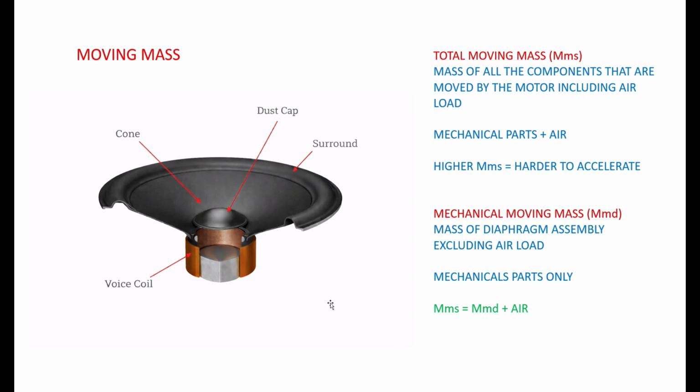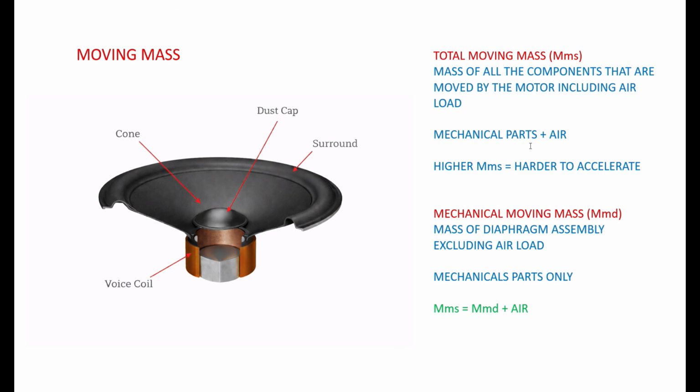Now, there's a related parameter which is called the mechanical moving mass, which is MMD. Now, this is just the mass of the mechanical parts. It excludes the air, right? So total moving mass is MMD plus air, right?